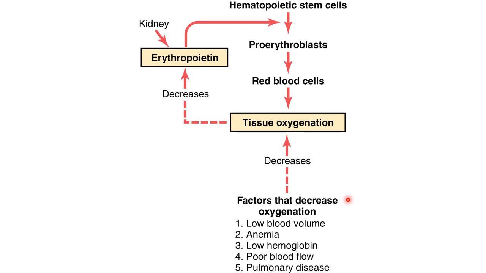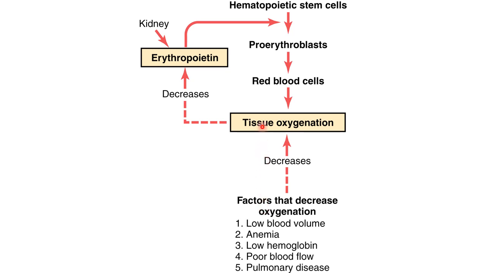So, for example, there are these factors: disease of the lung, poor blood flow, low amount of hemoglobin, for example in iron deficiency anemia, anemia itself, and low blood volume, for example in severe chronic dehydration, or if you have acute blood loss. What will happen is that there will be a decrease in oxygenation of the tissues.